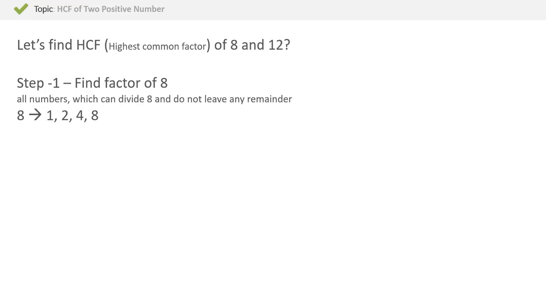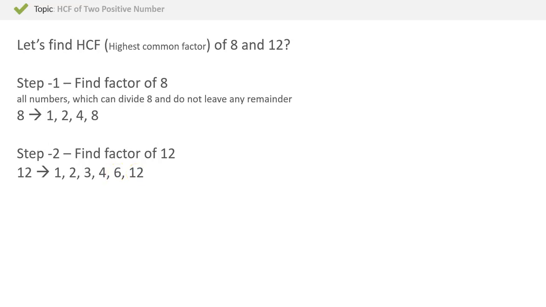Now let's take a look at step 2, which is to find factors for number 12. You can easily see the numbers which can divide 12 and do not leave any remainders are 1, 2, 3, 4, 6, and 12.